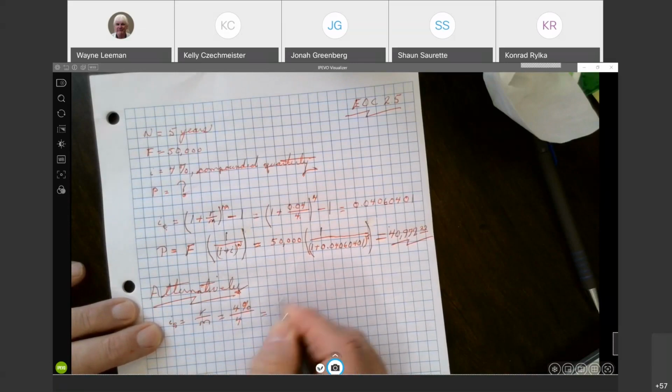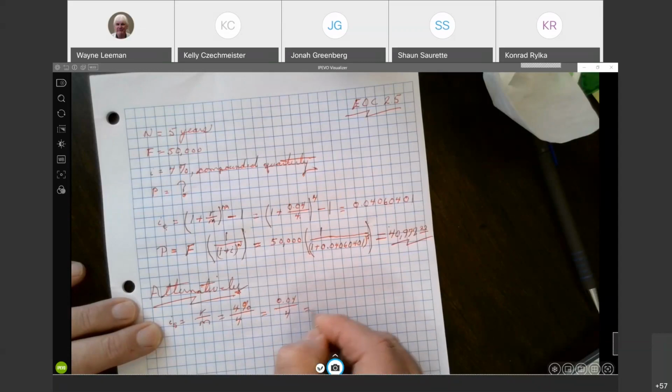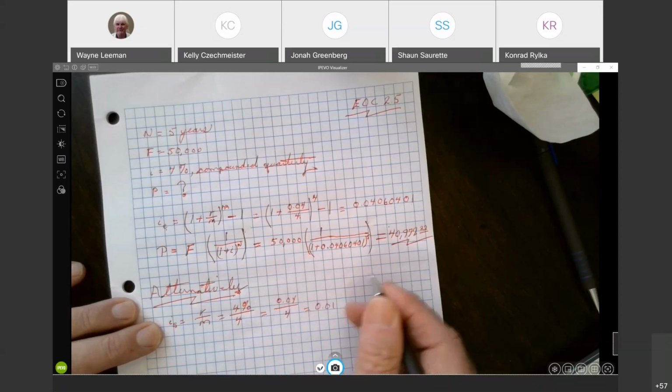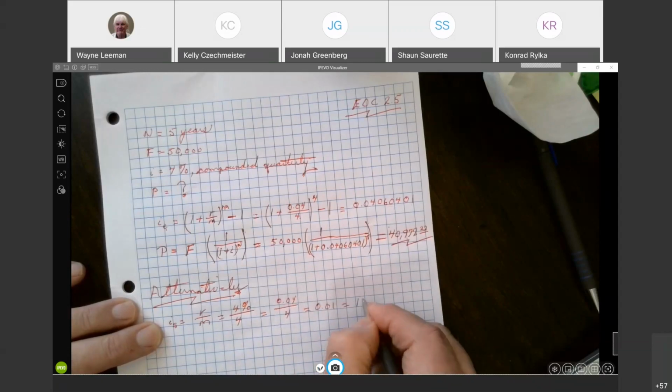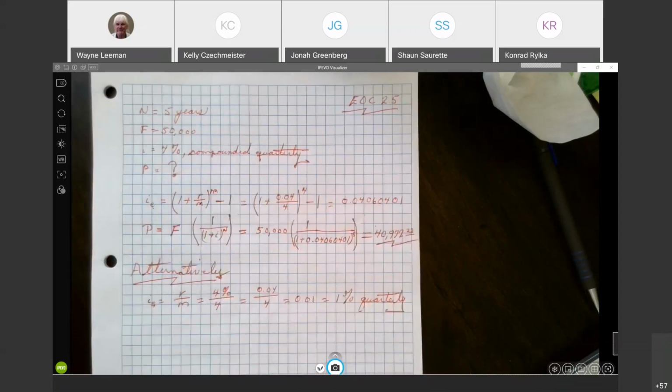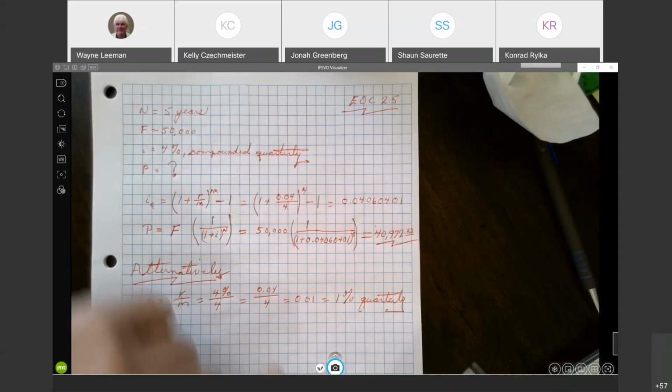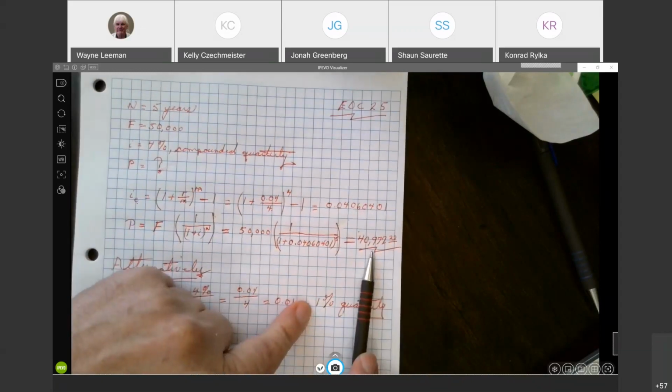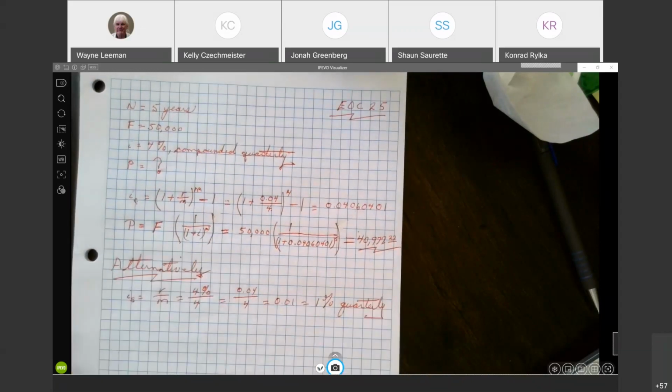I could write it this way: 0.04 over 4 equals 0.01, which is equal to 1% quarterly. So now that I have that, I can go back, and that number looks a little more friendly than this one, but let's just see where it takes us.